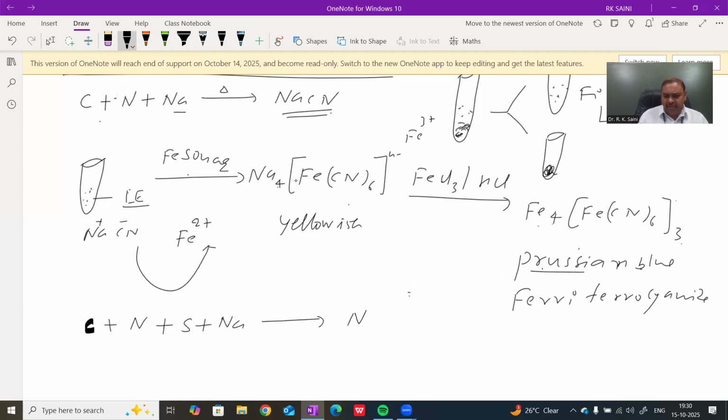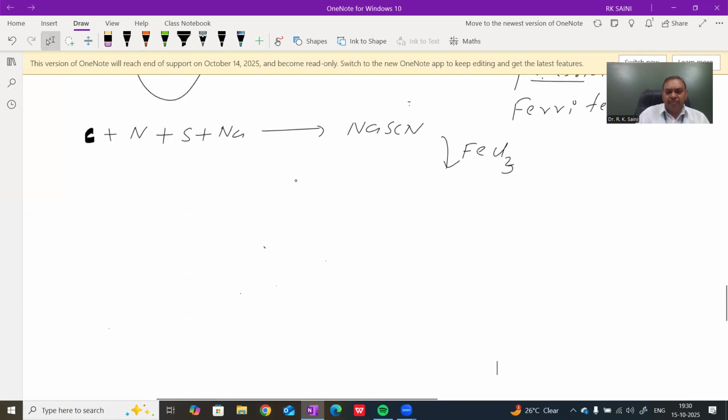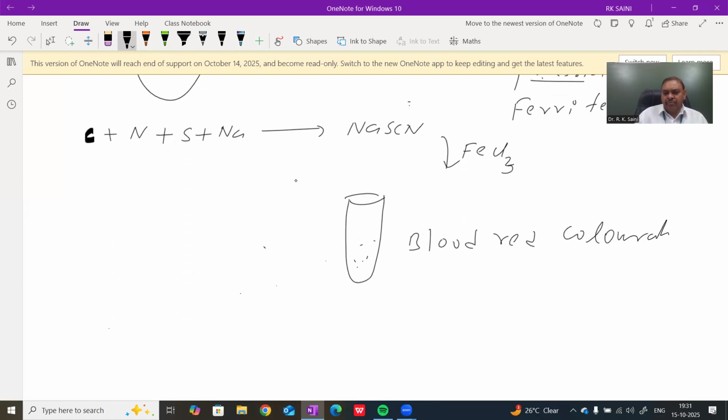Then they make sodium thiocyanate. And when ferric chloride is added to this solution, blood red coloration is there. Blood red coloration, not precipitation.